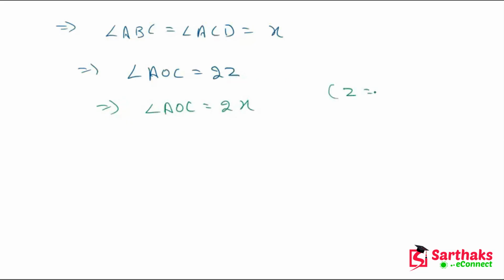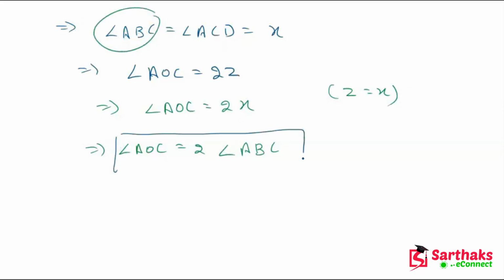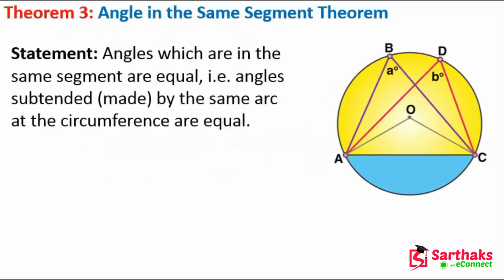So now angle AOC is equal to twice of angle ABC, because x is angle ABC. So my dear friends, this is the proof of theorem second. Hence proved. I hope you understand these things. Now let's move to the next theorem.